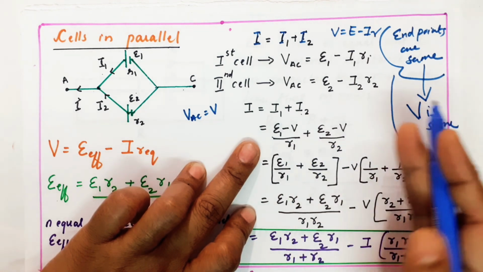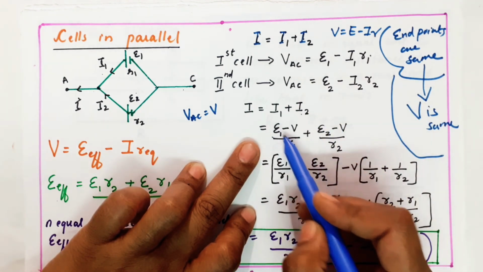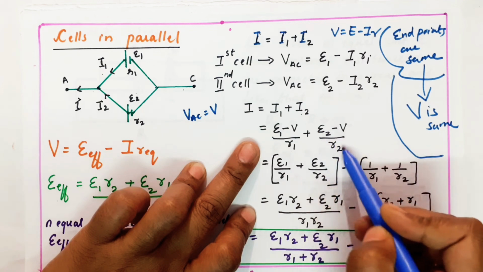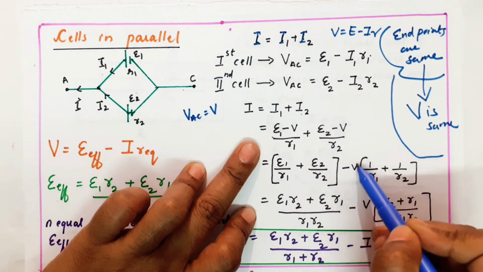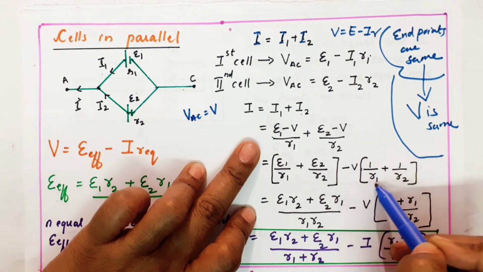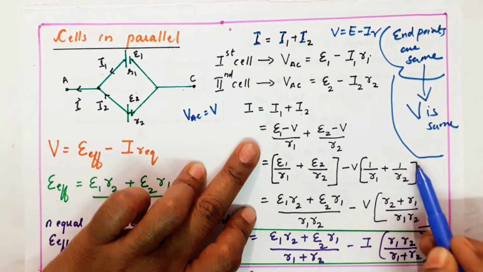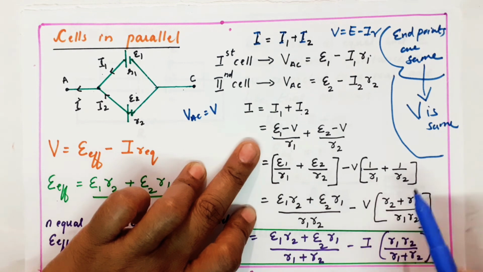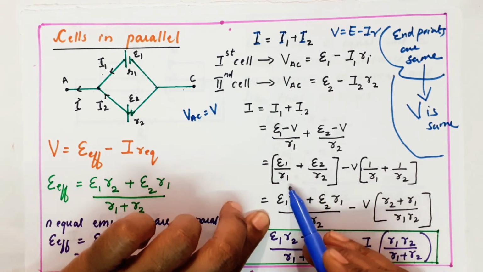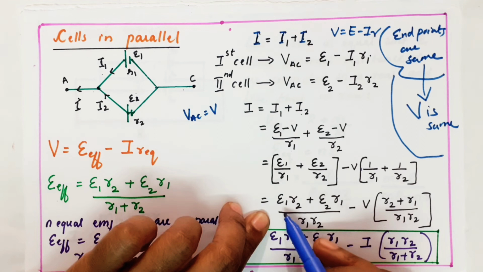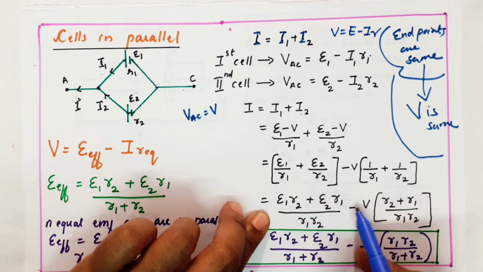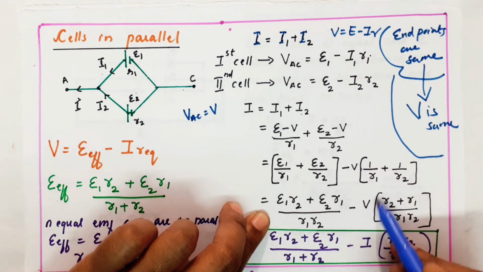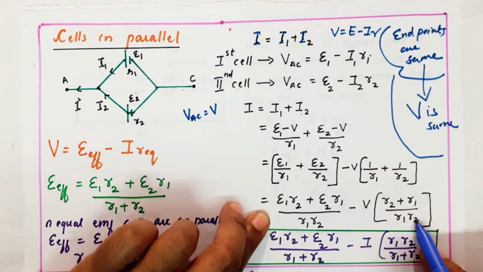After that, take the like terms together. So E1 by R1 plus E2 by R2 minus V, taking it as common, times 1 by R1 plus 1 by R2. After this, I took the LCM, R1 R2. This term will come as E1 R2 plus E2 R1, minus V into, the denominator is R1 R2 and the numerator will be R2 plus R1.